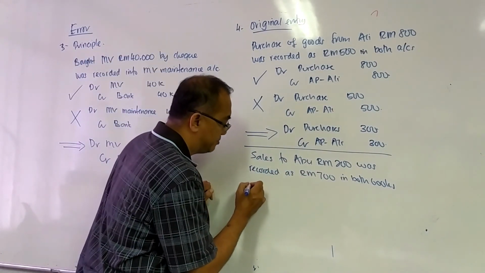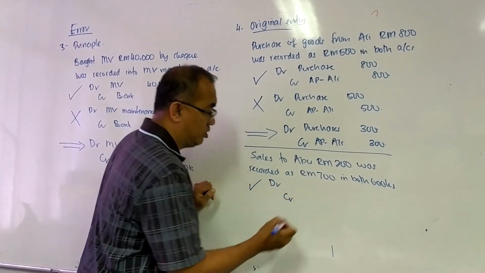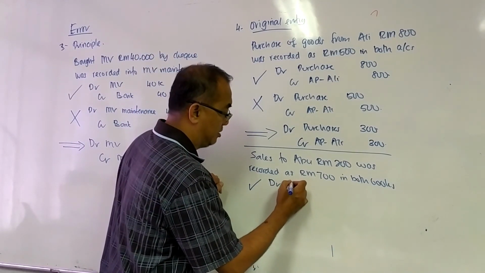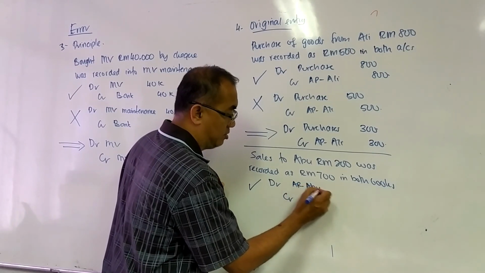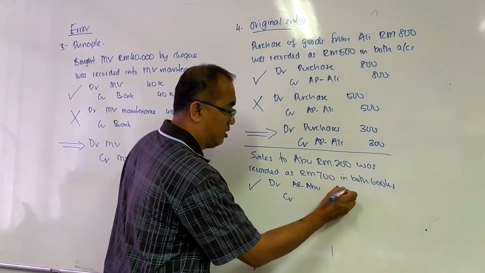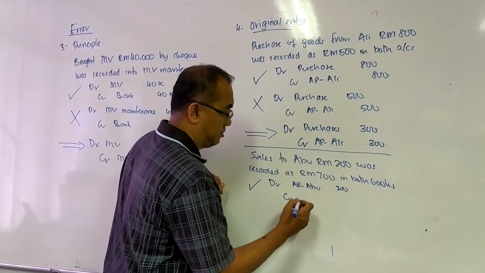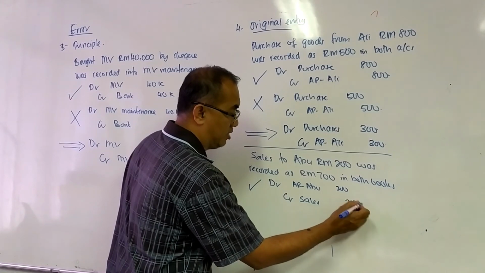So what you should do, the correct one should be debit AR Abu 200 and credit sales 200.